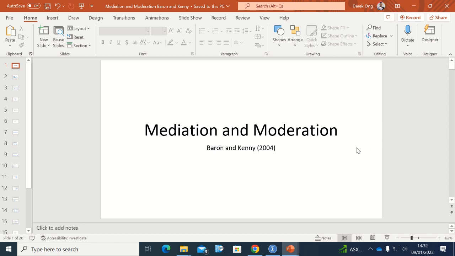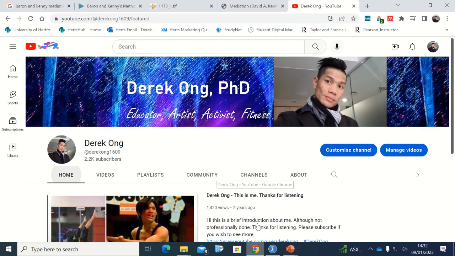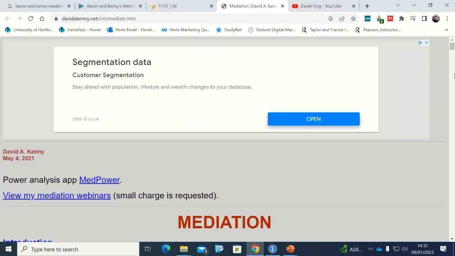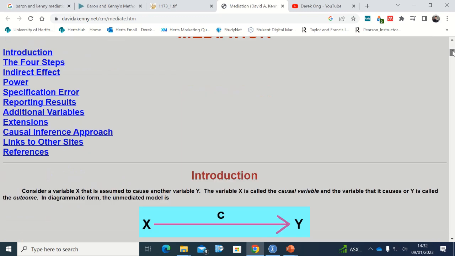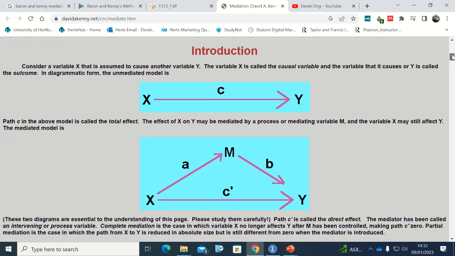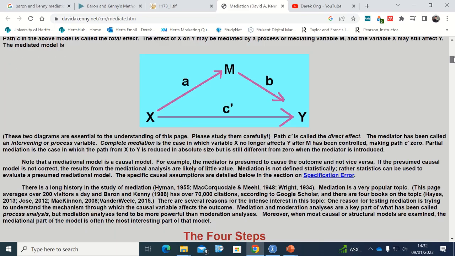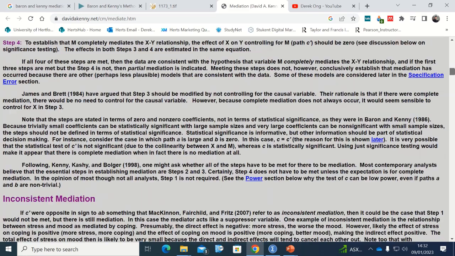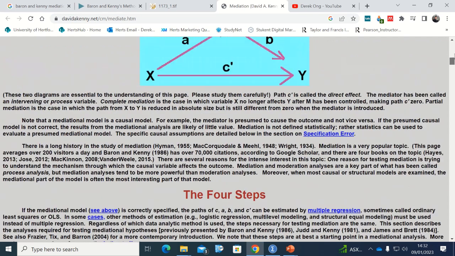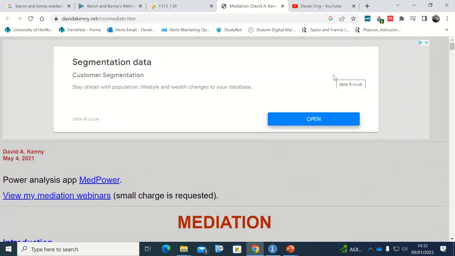Baron and Kenny has a website that talks about how to do the Baron and Kenny mediation method, which is basically looking at total effects and causal effects, and you can read this on the link. When you click on the link, you will see it there.